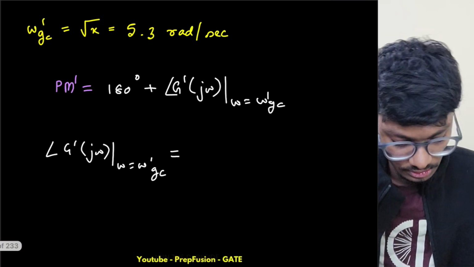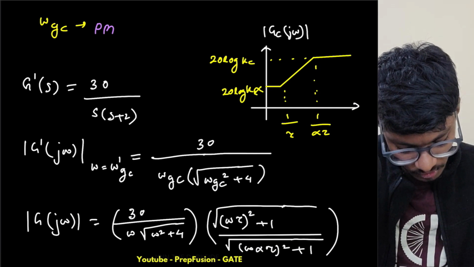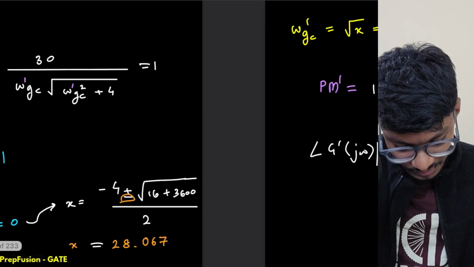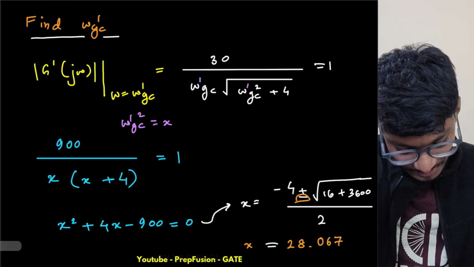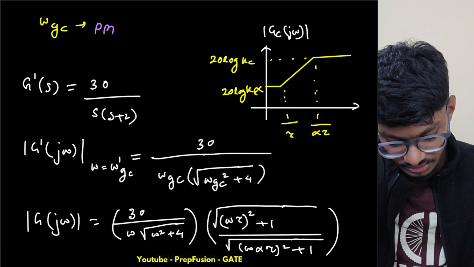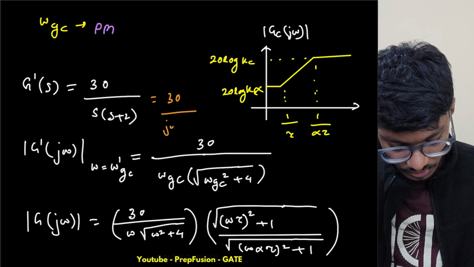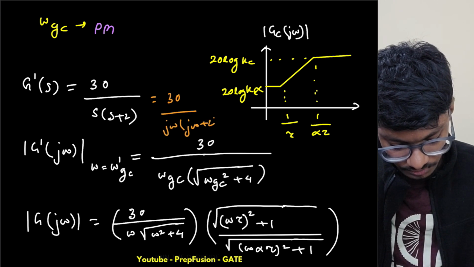Where did the transfer function go? Have I even written the transfer function? This is the transfer function, right? If I convert this into g of j omega format, this will be 30 over j omega into (j omega plus 2).